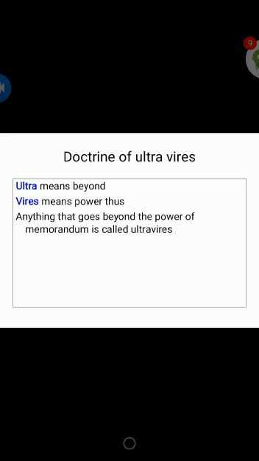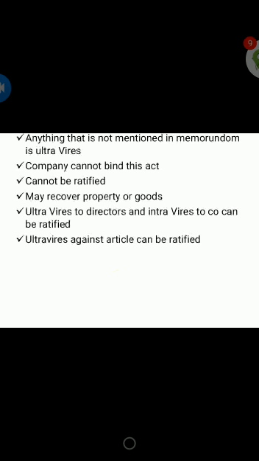Okay, so we can define ultra vires like this: the company is going to act upon something, and even if that act is legal but not authorized in the objects, it will be ultra vires.